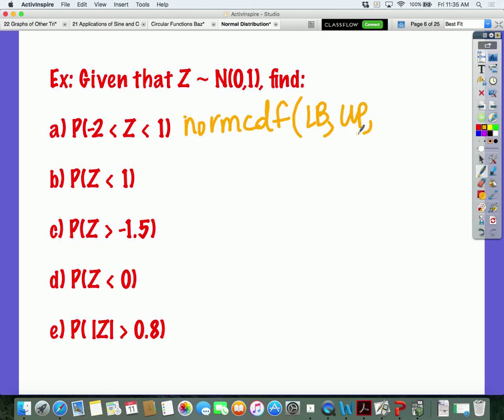Comma. And then you're gonna type in your mean, which is 0. And then a standard deviation, which is 1. So if yours just pops up as norm CDF in the blank, you gotta type in all this. You're gonna type in -2, comma 1, comma 0, comma 1, and close off the parentheses, and it'll give you your probability.